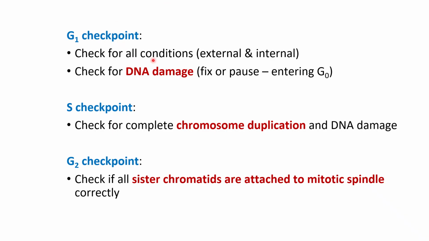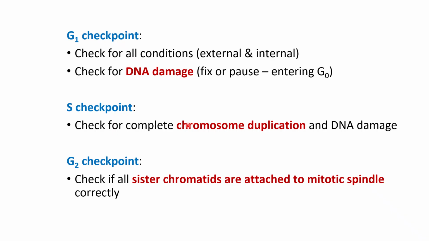If the DNA looks good, then we're going into S phase, and that's where we're going to synthesize or duplicate our DNA. But once we do that, we want to first see if it duplicated successfully. So we have an S checkpoint as well that's going to check and see if it duplicated successfully and if the DNA is damaged.